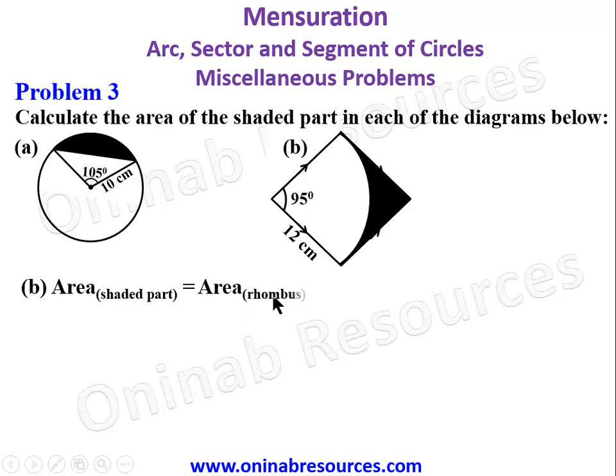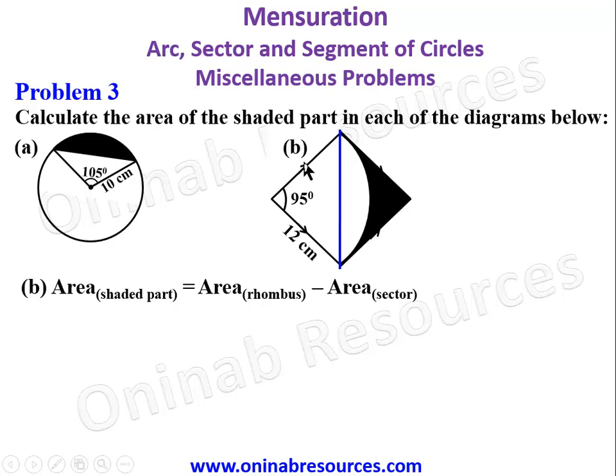So from here, the area of rhombus, if we divide the rhombus into two, we have two similar triangles. That is where this line is the line of symmetry. Now we can find the area of this and multiply by 2 to get the area of the entire rhombus.